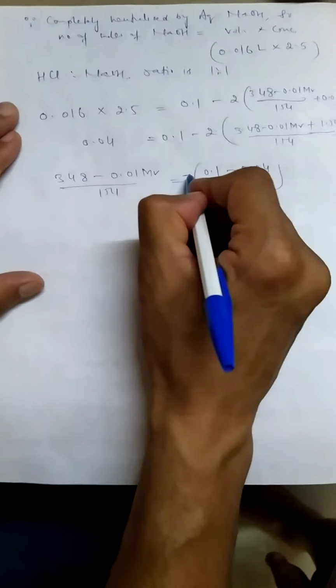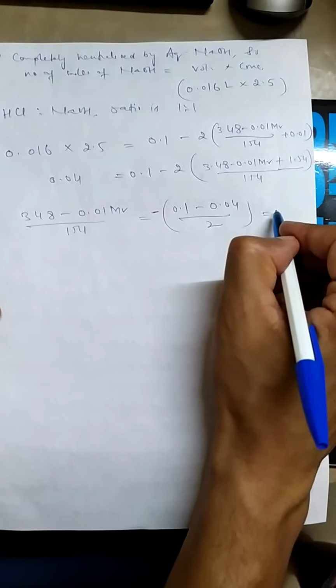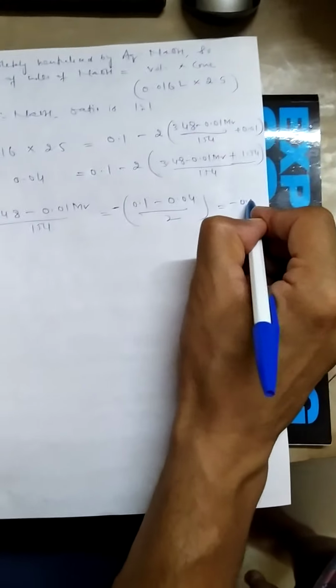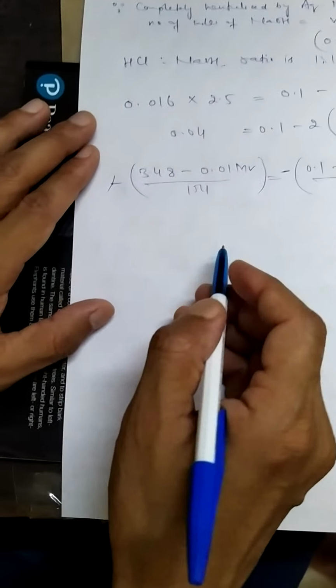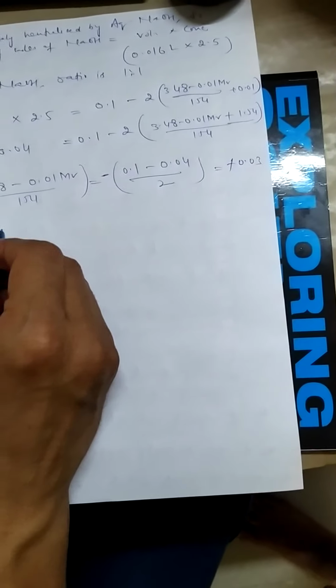Of course that will be minus, so that becomes equal to minus 0.03, because this term is also minus, so minus and minus cancel, and then we just take it across.